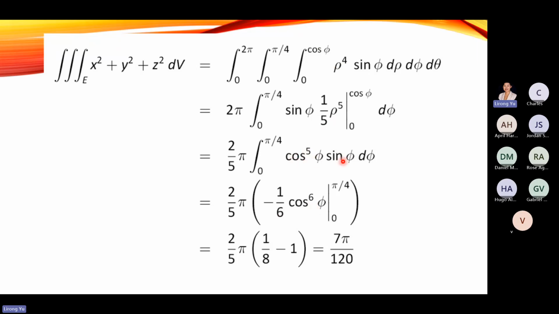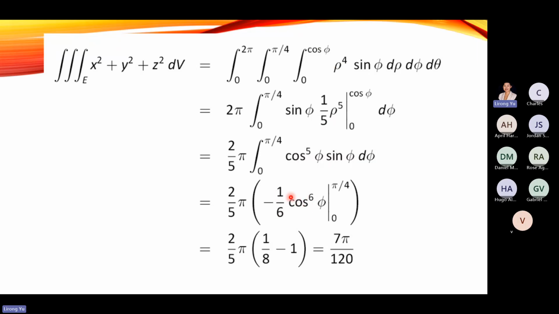See, we can do a substitution of variable u equal to cosine phi, then du would be negative, right? The derivative of cosine is negative sine phi d phi. So that's why we have this negative there. So the antiderivative of u to the power 5 is u to the 6 over 6.